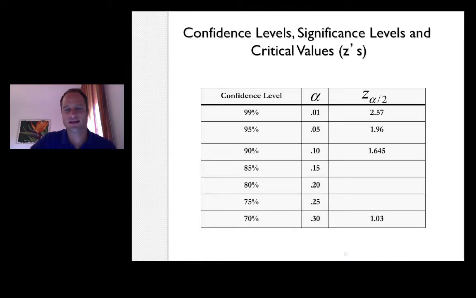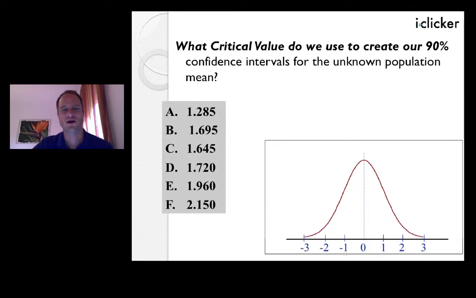In the previous slide, I did just write out that 1.645 is the critical value for the 90% confidence interval. I'm walking you through it here. We know the answer has to be C. And let's look at why. So I'm finding 95% in the z-table.